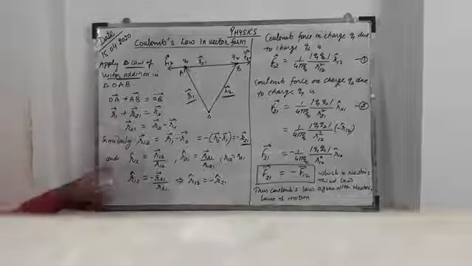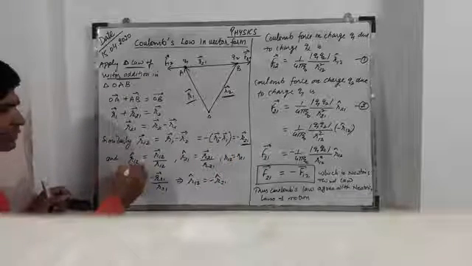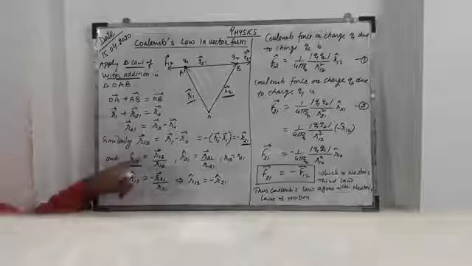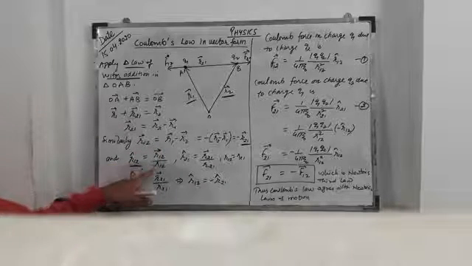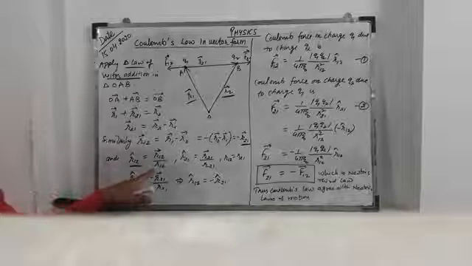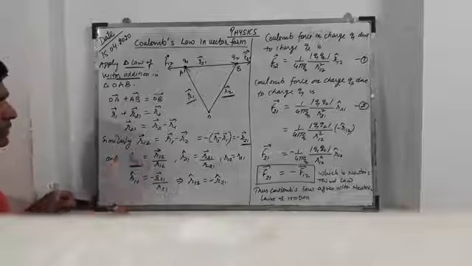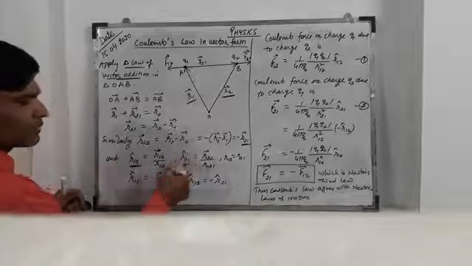Then we get R21. The method to get a unit vector is the vector divided by its magnitude. So we get the unit vector of R12 and R21.